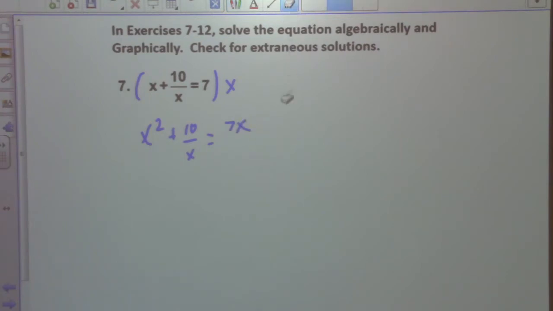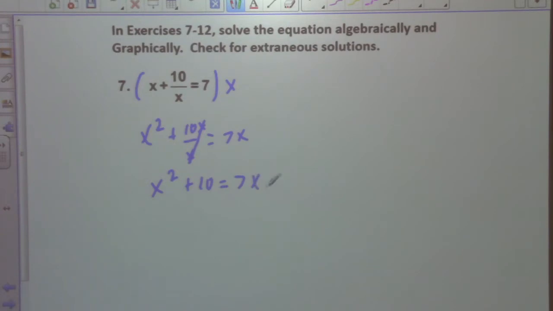Can it just be x squared plus 10x? Yeah. So it's 10x equals 7x. And then what happens here? Gone. So we have x squared plus 10x plus 10, excuse me, equals 7x, right?